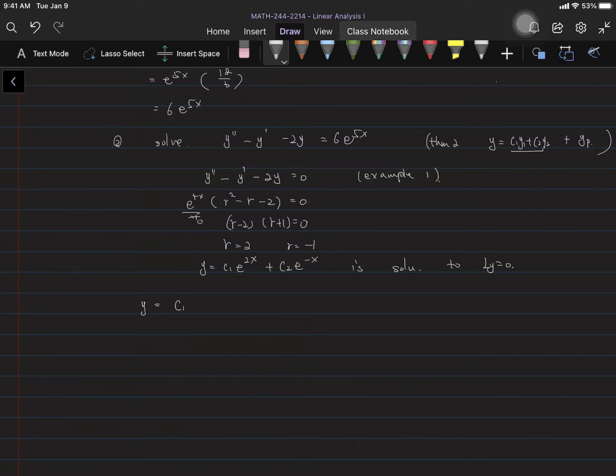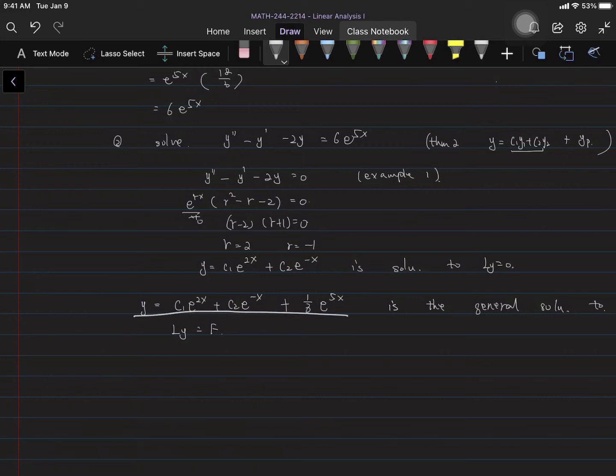We add the solution to the homogeneous differential equation plus the particular solution. The particular solution is given here. Okay, so this is the general solution to the non-homogeneous equation. So we can just write it down here. This is the solution by using the theorem.